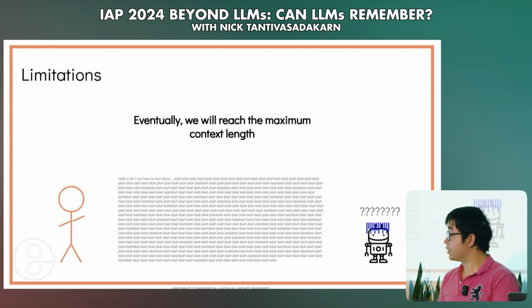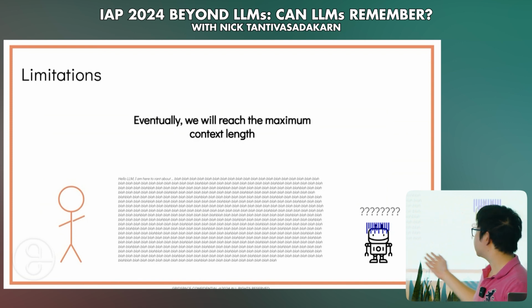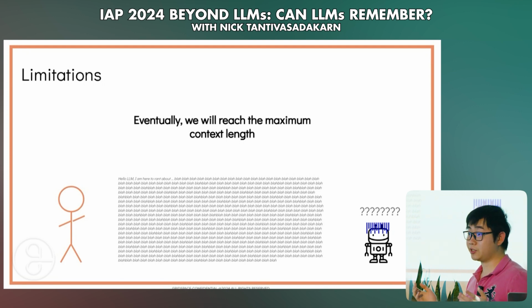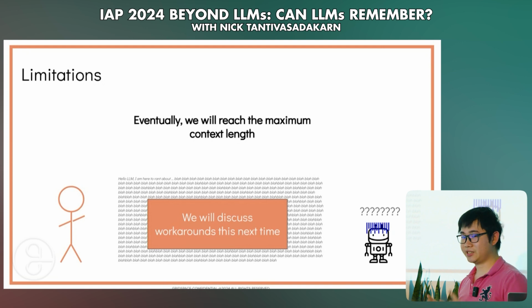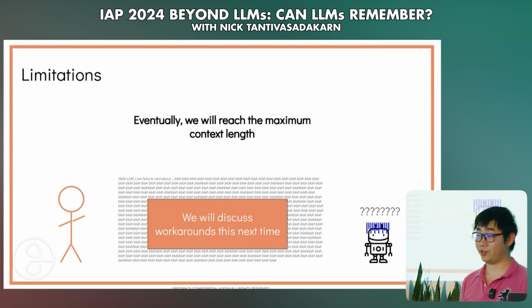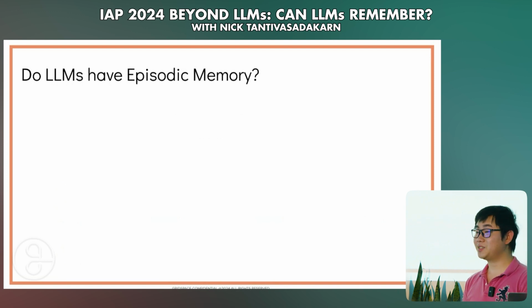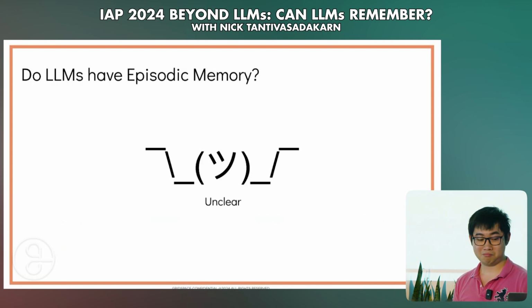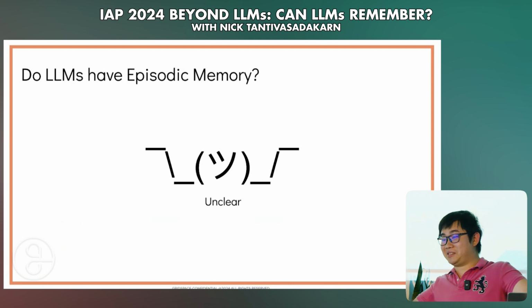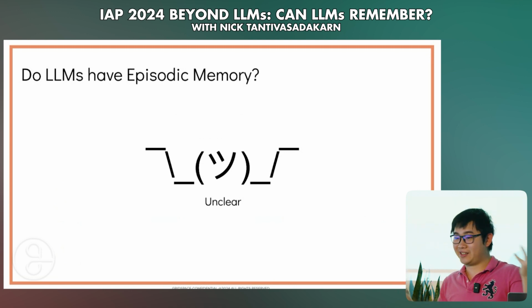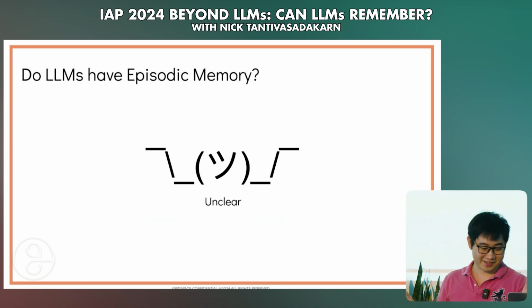So if this person started ranting to this poor LLM here, eventually it will start forgetting what happened earlier, or it will simply not be able to function without specific tricks, which we will discuss next time in Lokman's lecture. So, do LLMs have episodic memory? It's quite unclear.